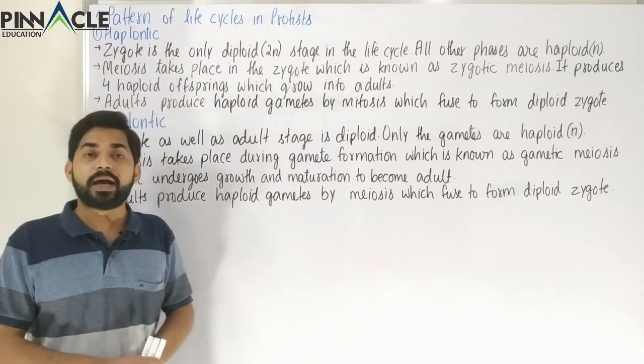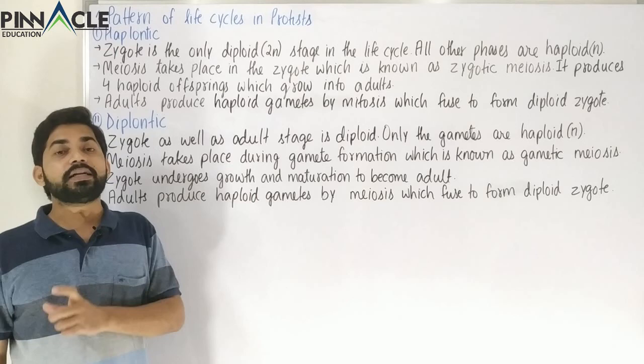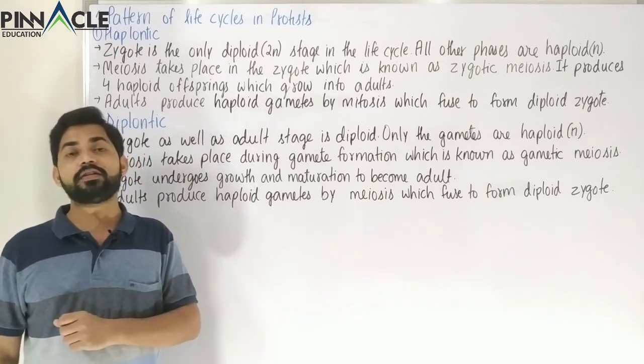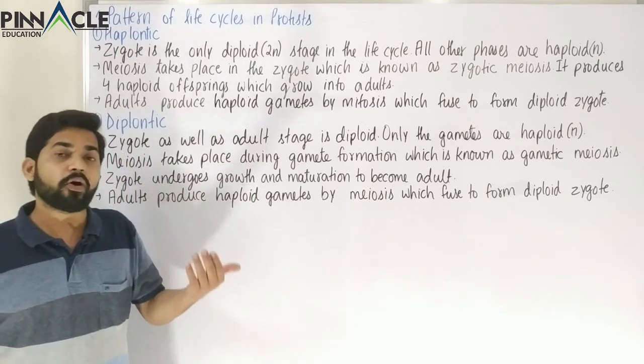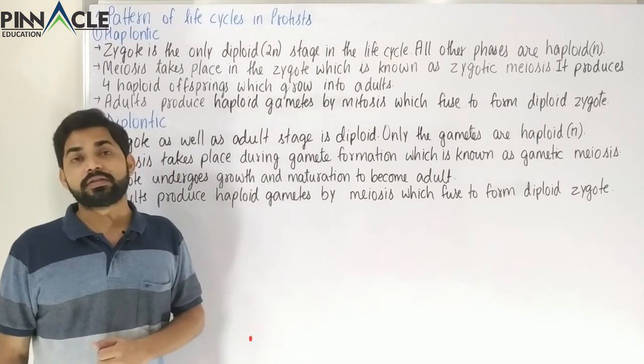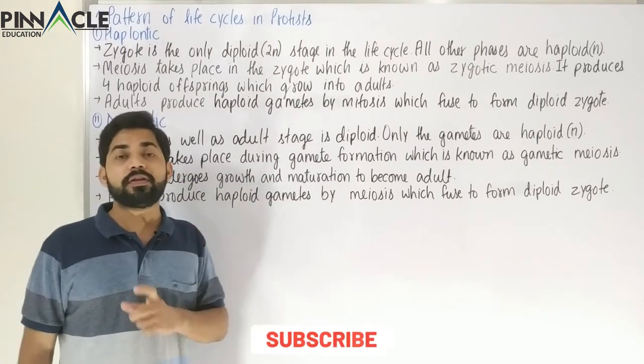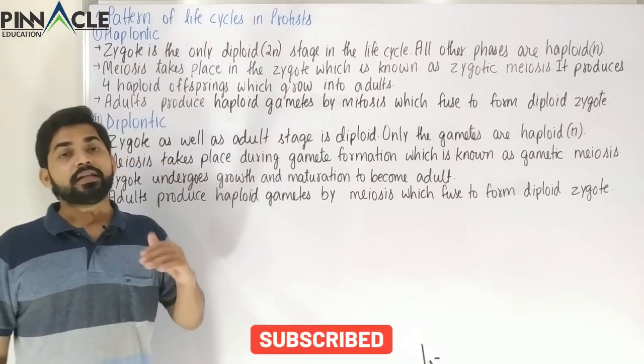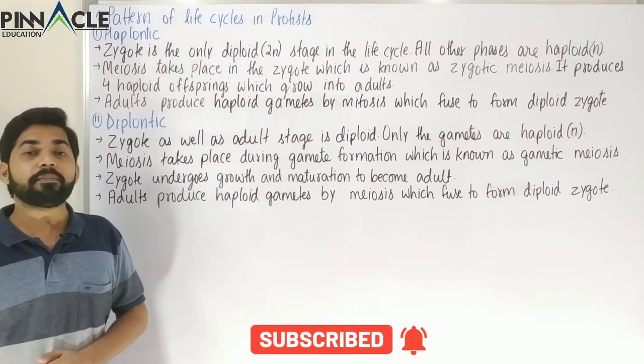Those adults are formed from the haploid stages that have developed after the meiosis. So all the adults will be haploid, and they produce gametes by mitosis.